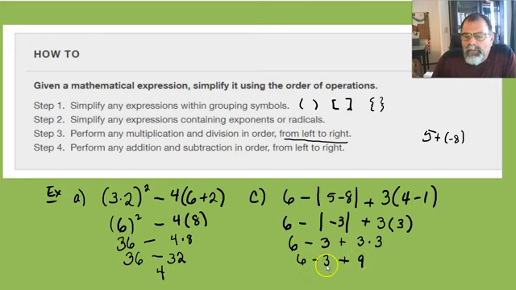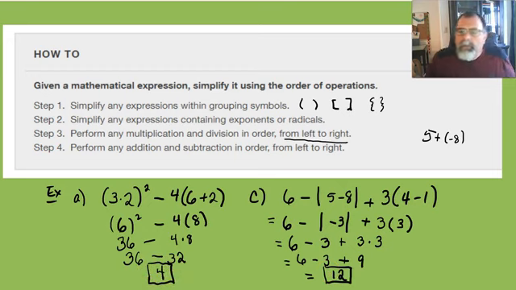So we get 6 minus 3 is 3. Plus 9 is 12. Okay, so that's my final answer there. I guess I could be putting equals over here. I'd like you to box your answer or circle it when you complete a problem.